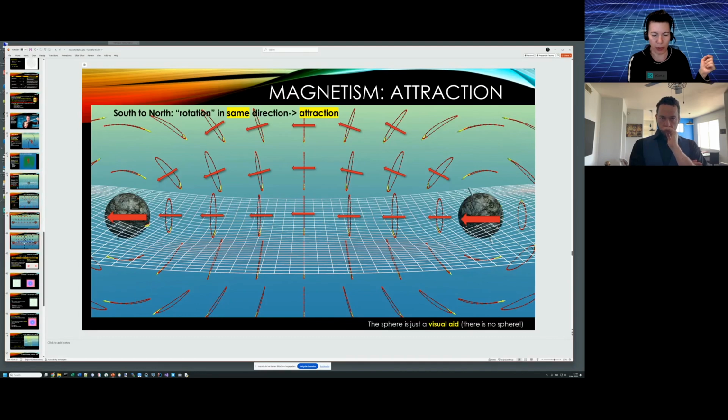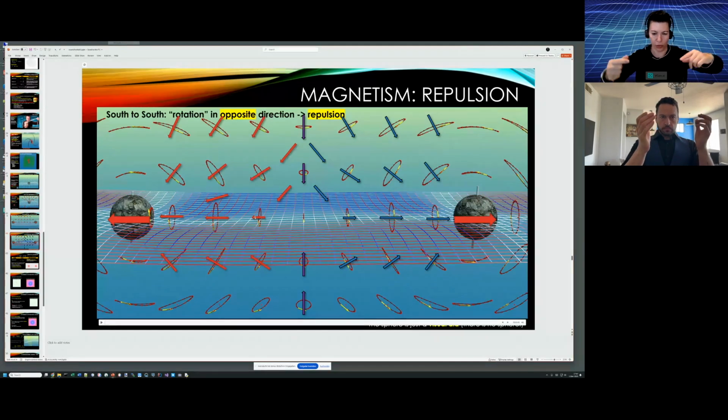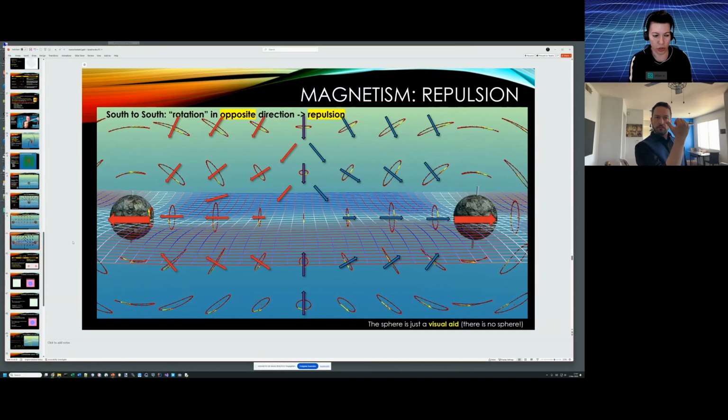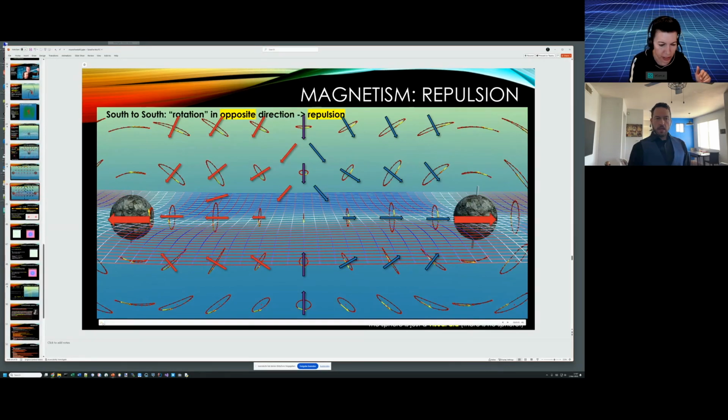When you flip it around, you automatically get the opposite, because here you have circles going one way and circles going the other, and it's not compatible. It's not going to work. You get repulsion.